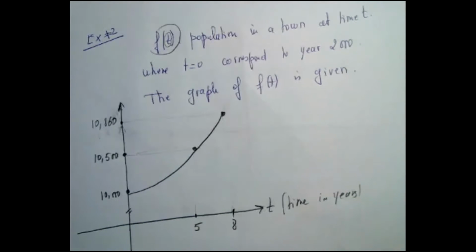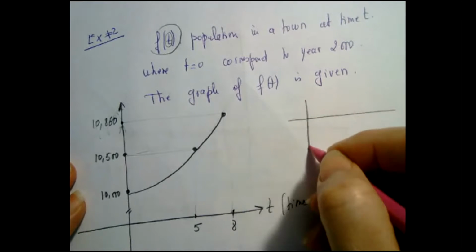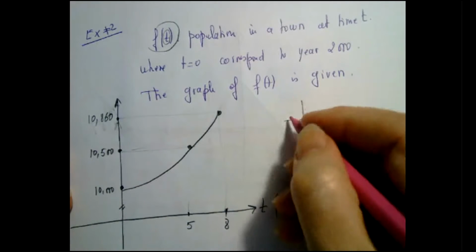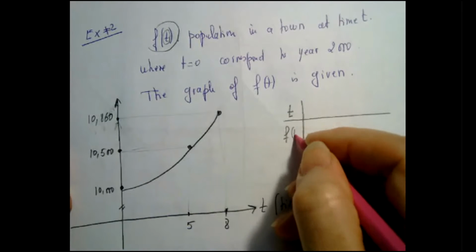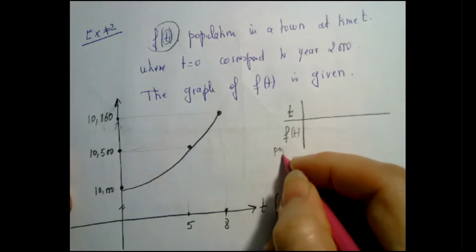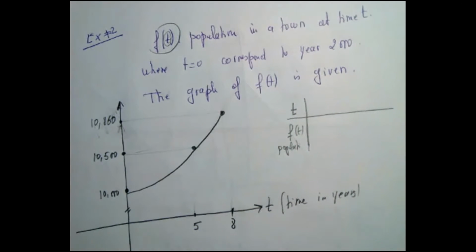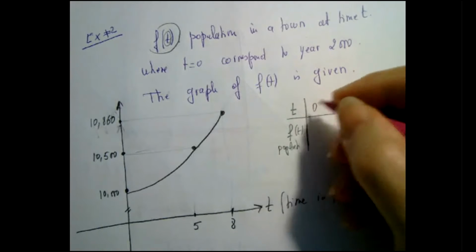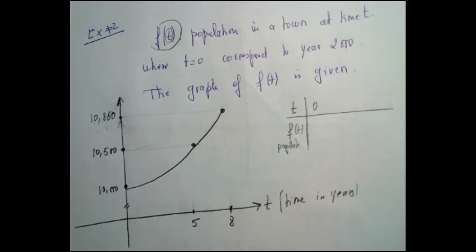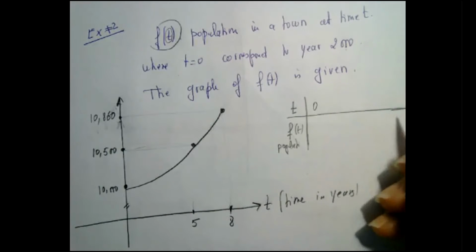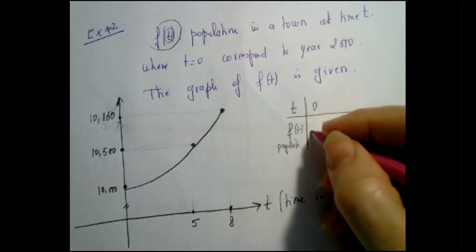On the side, let me pick up the values so we are all on the same page. This is time in years, and f of t represents population. t equal to 0 corresponds to the year 2000. So at t equal to 0, what's the population quickly? 10,000.